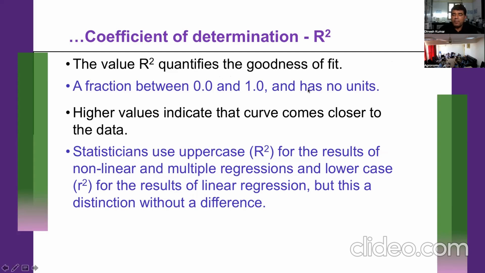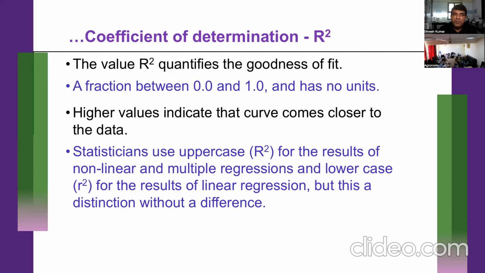If you remember, for the coefficient of correlation, the result ranges from -1 to +1. But in this case, there is no minus. It varies from 0 to +1, and it has no unit. Higher values indicate that the curve comes closer to the data.